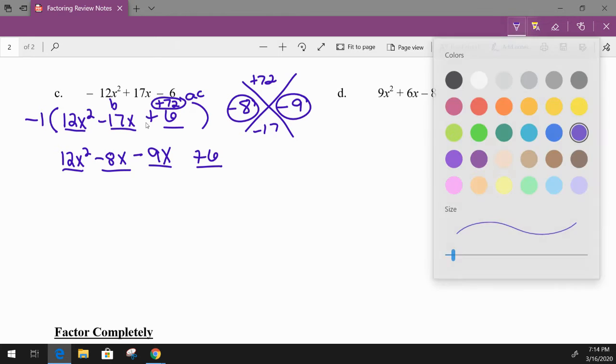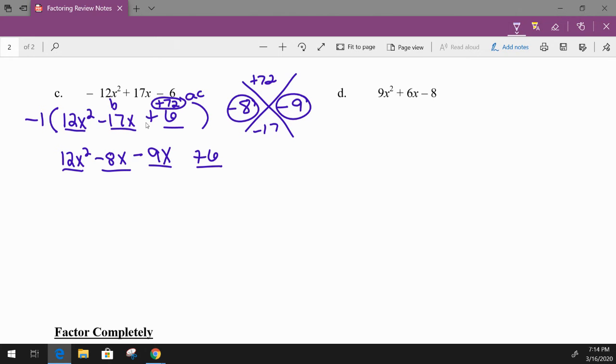So now we're going to factor by grouping. We're going to separate the first 2 terms from the second 2 terms. Look at the first 2 terms only. What can you factor out? Well, they can both be divided by 4 and by x. So I'm going to factor out a 4x. And when I divide both of these terms by 4 and by an x, I should have 2 terms left over.